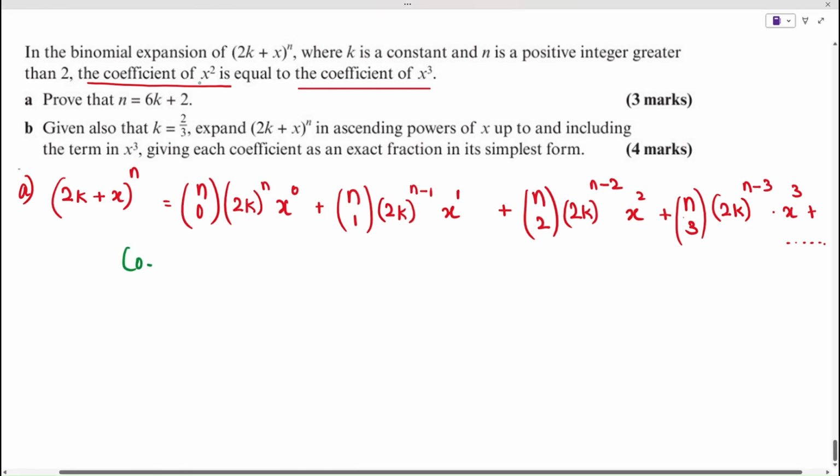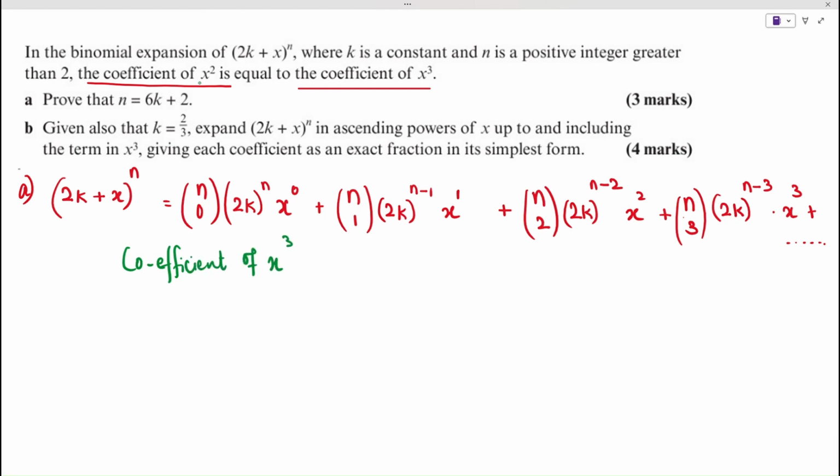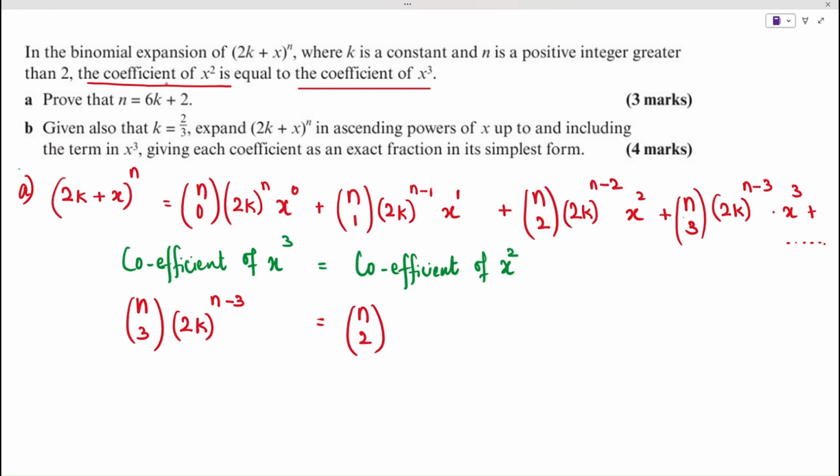So we know that the coefficient of x cubed is n choose 3 multiplied by (2k)^(n-3), and this is equal to n choose 2 multiplied by (2k)^(n-2).